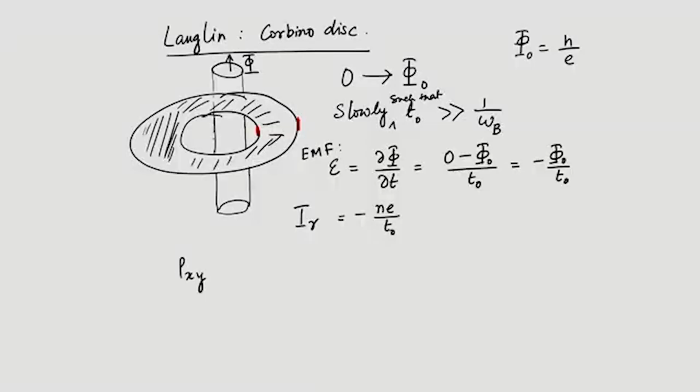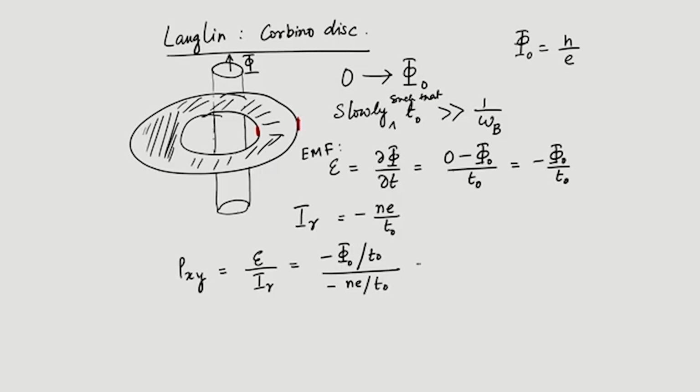So it's minus Ne by T0, and so the rho xy, basically the Hall resistivity, you can call it RH as well, is equal to the EMF which we have found out, divided by the radial current, which is IR, which we have just written down. So this is minus phi 0 divided by T0 and divided by minus Ne over T0.